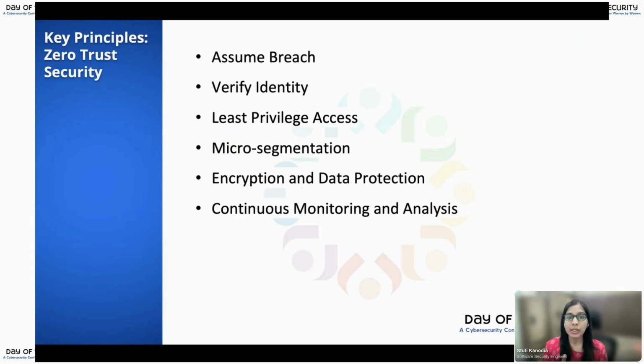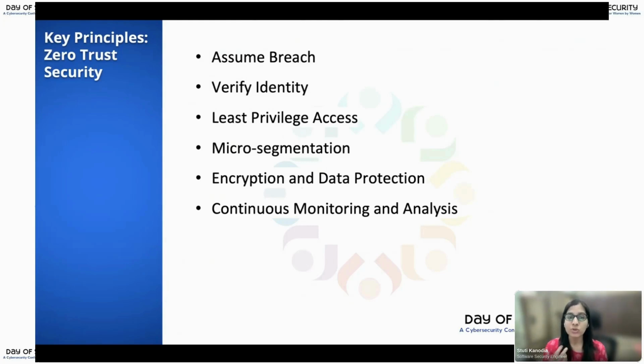Moving forward, micro segmentation. Micro segmentation is where we try to divide our network into small chunks, like segments, so that we can secure our application and our network area, and reduce the attack vector from lateral movement.